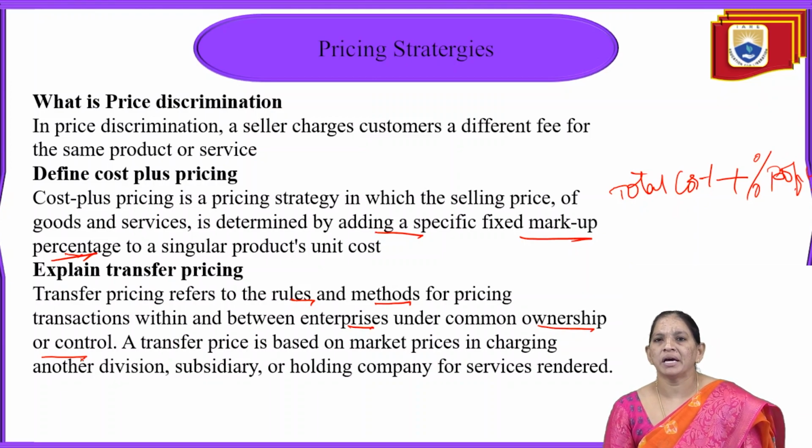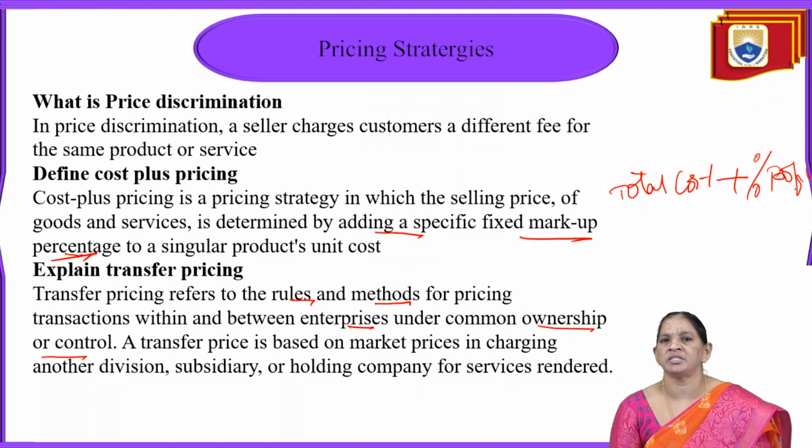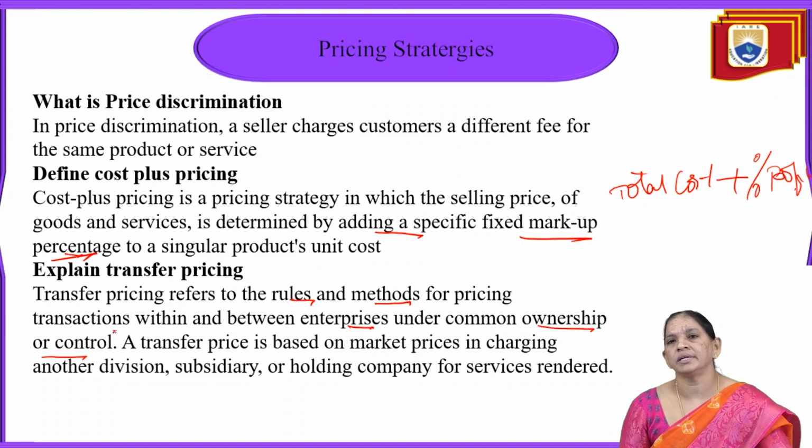In the case of MNCs with different branches in different nations, these are the rules, regulations or methods of pricing for transactions between enterprises, transferring from one branch to another, but all under one ownership or control. This type of transferring of prices from one enterprise to another, with control in the hands of one owner, is called transfer pricing.